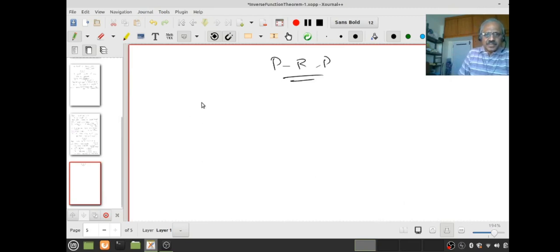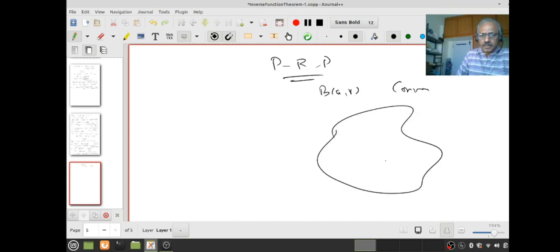So what does mean value theorem say? Suppose, now remember, B_A is an open convex set, right? So I have this U, I have A, this is an open ball. Start with any x1, x2 in B_A.